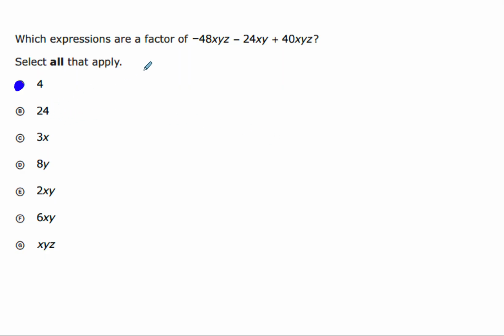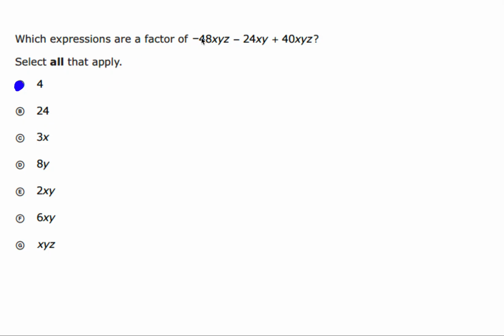24. 48 divides evenly by 24. 24 divides evenly by 24. And 40? That's not going to work. Okay, let's take a look at this next one. 3 and an x.